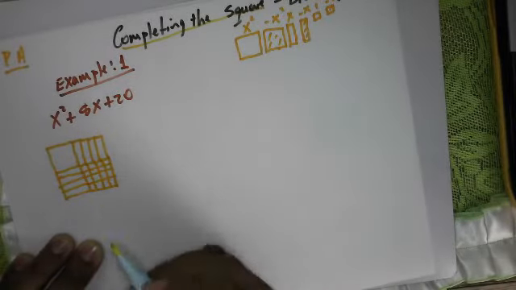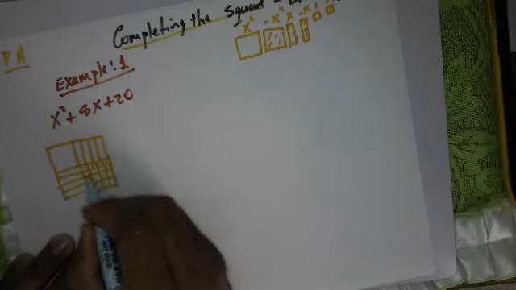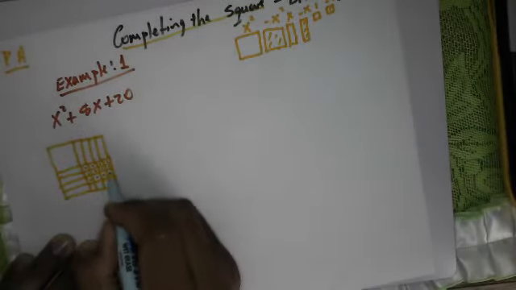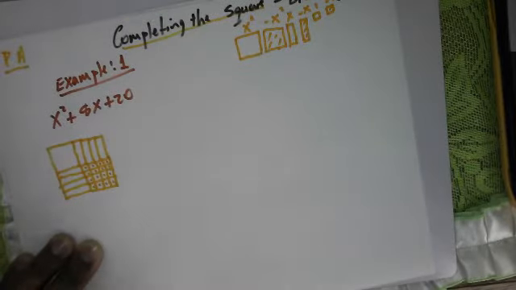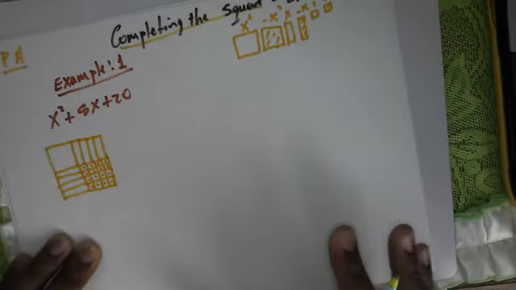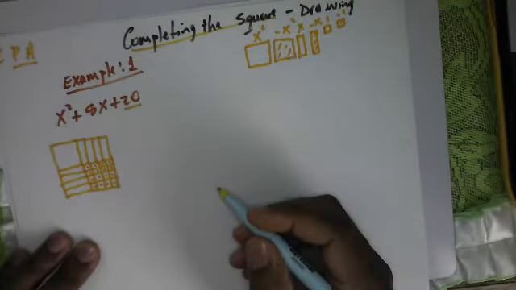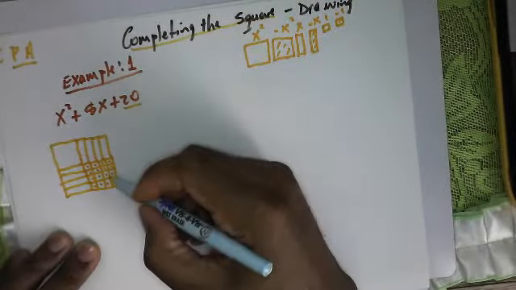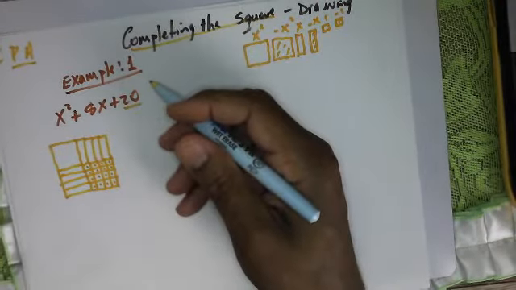So let's see how many pieces we need to complete the square: 1, 2, 3, up to 16. We need 16 pieces, but remember, they must be positive. Because this number is positive, we have 20 but only need 16. When we take the 16 from the 20, we will still have 4.